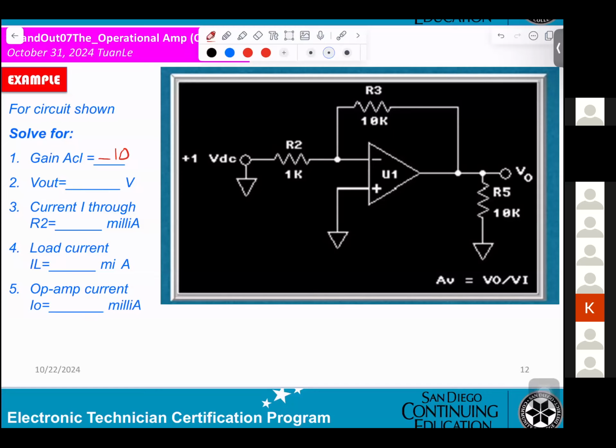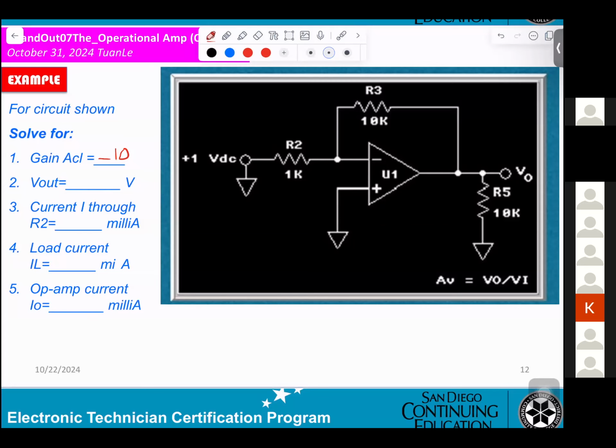V out. V out equals V in times gain. What is V out?